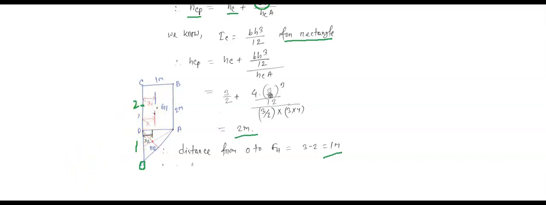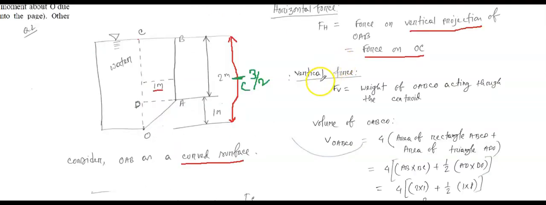So now we will calculate the vertical force. For vertical force, we know this formula. It is actually the weight of the fluid. So in this case, we have this O, A, B, C, D, this area. So the vertical force will act this way, through the downward direction.